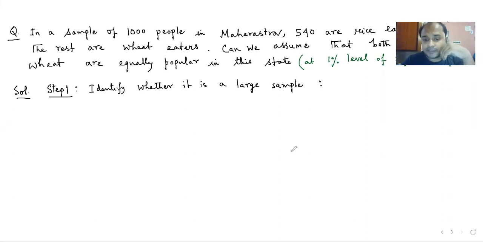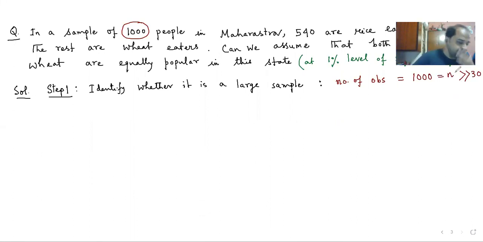Now, let us make the identification. Here it is a large sample because here the figure is 1,000. So the number of observations is actually 1,000, which is n, and which is much larger than 30, and therefore it is a large sample.